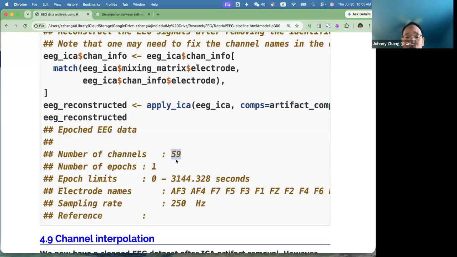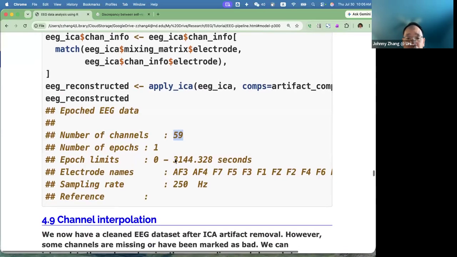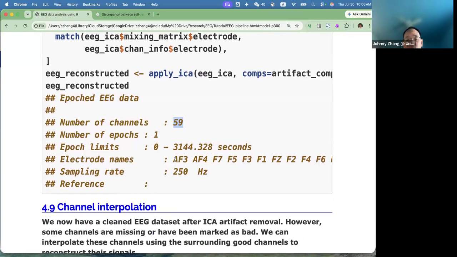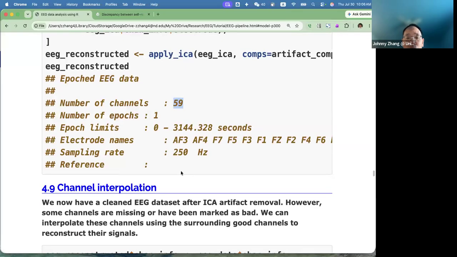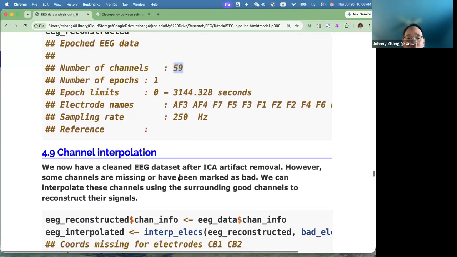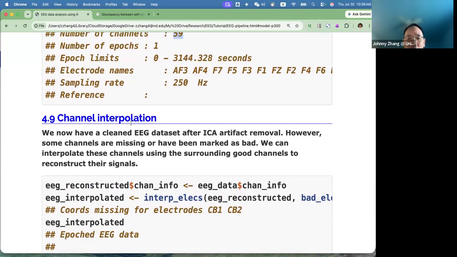Now I have a data set with 59 channels or 59 electrodes. And remember, earlier I removed some bad channels. I removed 3 bad channels, right? FP1, FP2, FPZ. So I want to add back this information. To add it back, we can use channel interpolation.